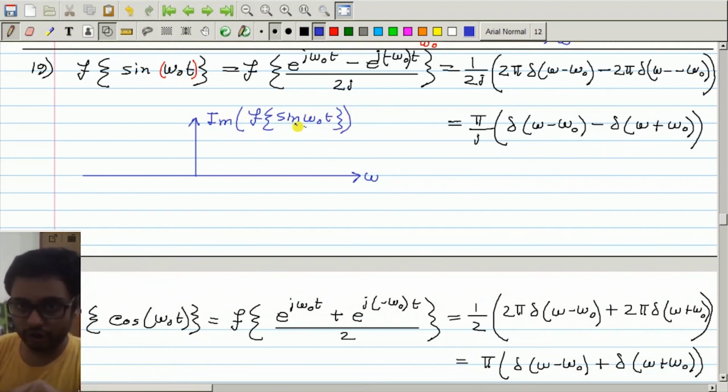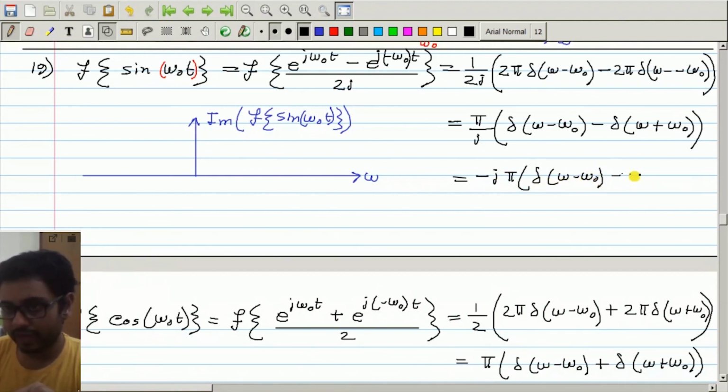Real part is not there. Okay, and this you may also write in this way: minus j pi, delta omega minus omega naught minus delta omega plus omega naught.